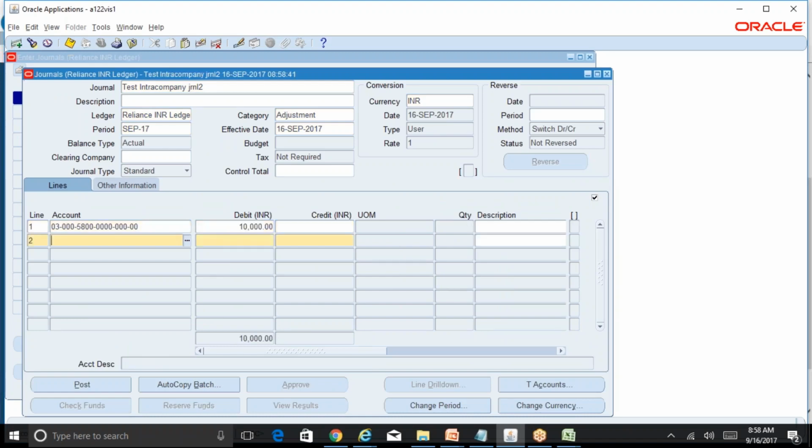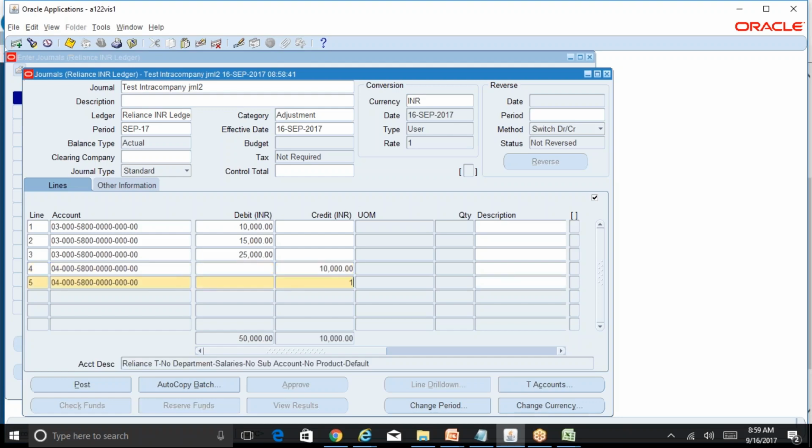Debits of $10,000, 15,000, 25,000, and credits of 10,000, 15,000, 25,000. Save this. Now try to post this.